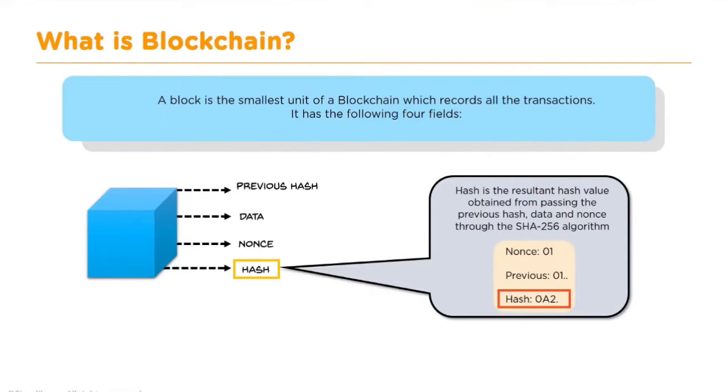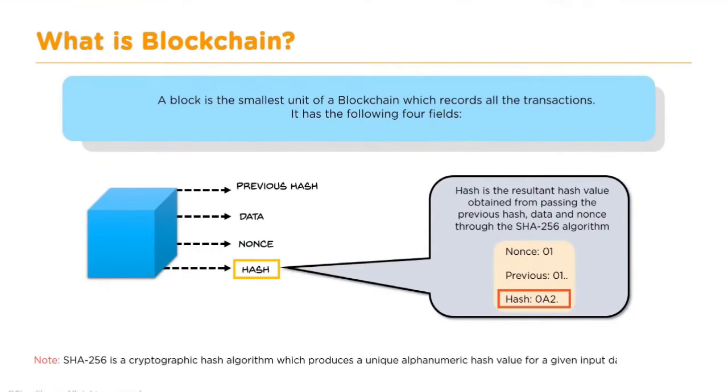This is the digital signature of the block, and it is basically the identity of this block. SHA-256 is a cryptographic hash algorithm which produces a unique 256-bit alphanumeric hash value for any given input, and that is the unique feature of this cryptographic algorithm. Whatever input you give, it will always produce a 256-bit hash.